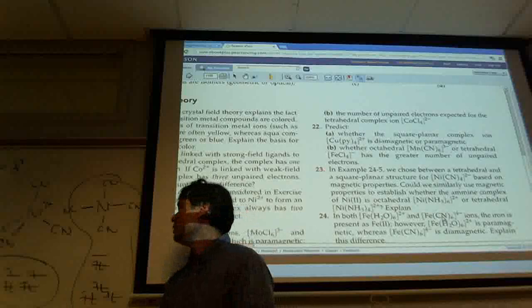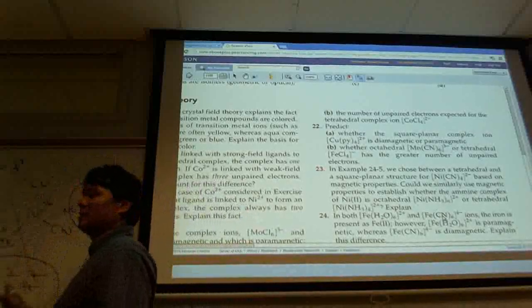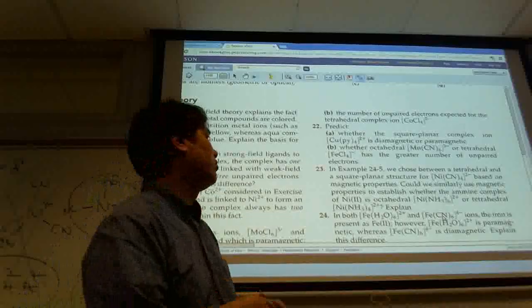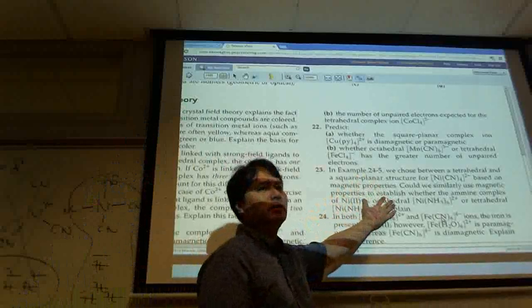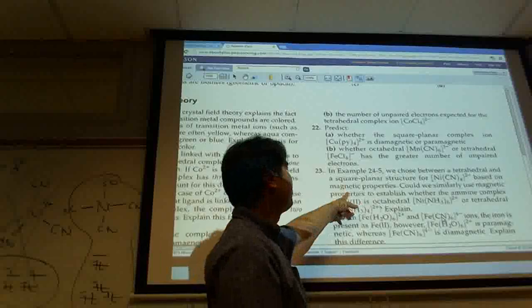They're diamagnetic. And that automatically eliminates the tetrahedral. So that's example 24-5. Experimentally, these are diamagnetic, so they must be square planar.